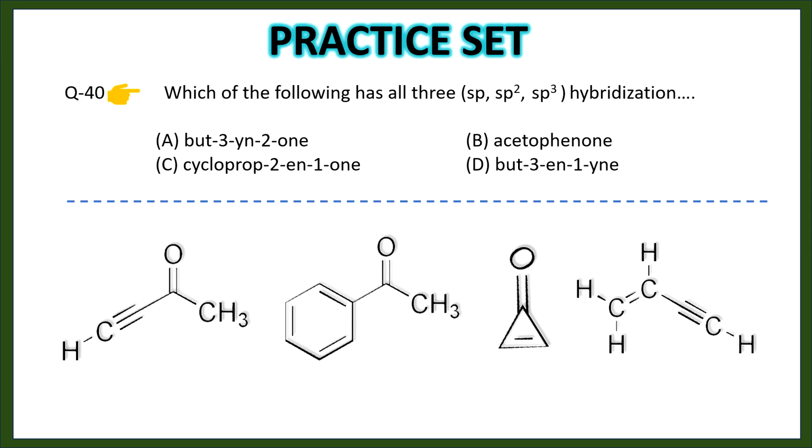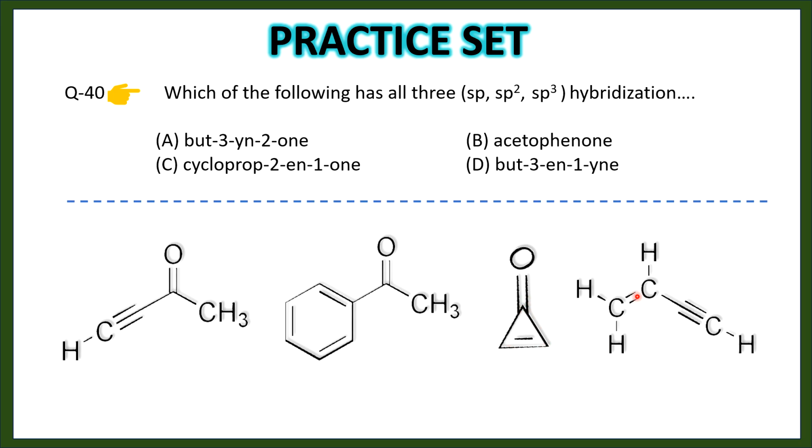Which of the following has all three sp, sp2, sp3 hybridizations? The options are given, we need to draw the structure only, then we can find the hybridization of each carbon. This is acetophenone. This is cyclopropene.